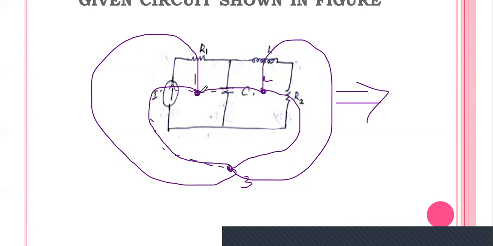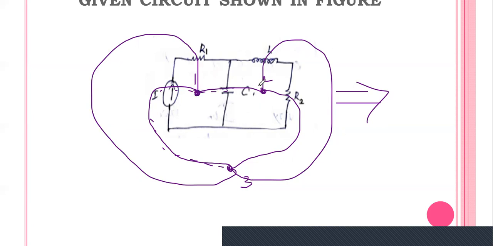So we have to connect each node to the reference node via one element. In the first loop, the elements available are the current source and resistance, so you connect node 1 with the reference node via each element. Similarly, in the second loop the inductor and resistor are available separately, so node 2 is connected with the reference node via resistor R2 one time and via the inductor one time.